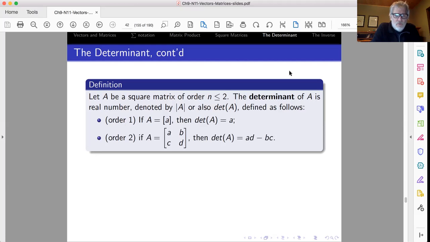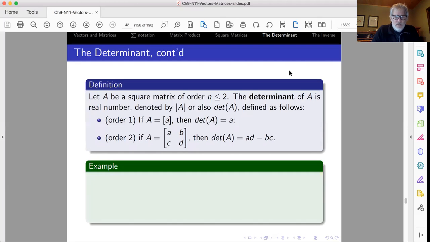For a 2 by 2 matrix, let's say the entries are a, b, c, and d. What is the determinant? You multiply the entries in the main diagonal and you subtract the product of the remaining two entries. So if your matrix has rows a, b and c, d, then the determinant is ad minus bc. It's not clear where this comes from, and it's not super obvious why this number would be of interest to us, but it is.